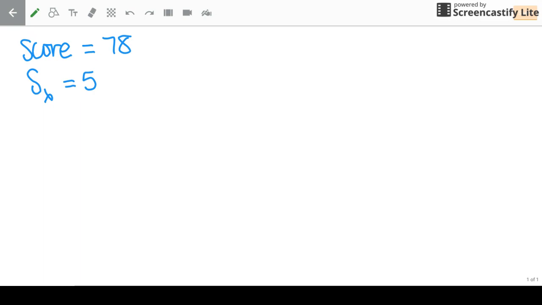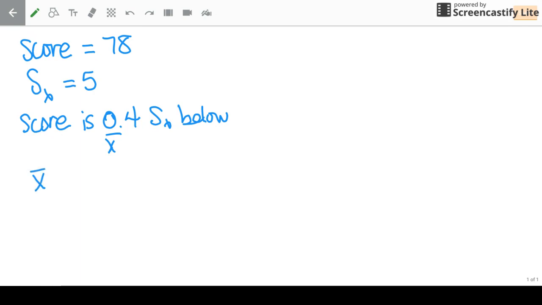And I know that my score is 0.4 standard deviations below the mean. Now this time, we don't know the mean. That's what we're trying to find this time.